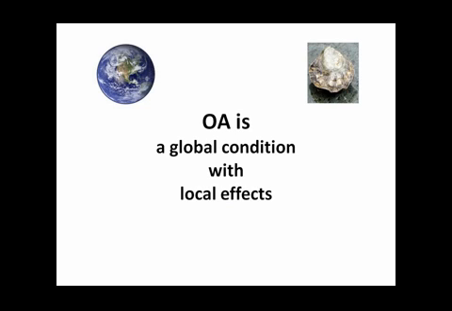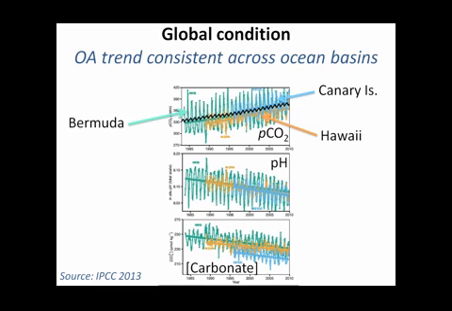Here I showed you the pCO2 in seawater, the concentration of CO2 in seawater from the Mauna Loa station in Hawaii. That's the golden time series. But here is that same time series in Bermuda and also in the Canary Islands. And the black is the atmospheric CO2.